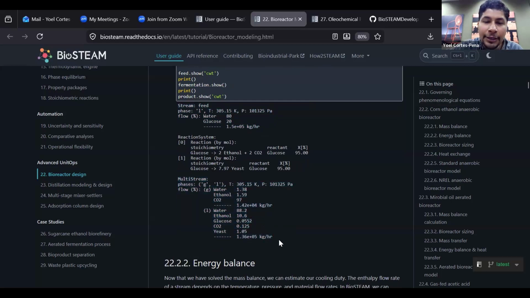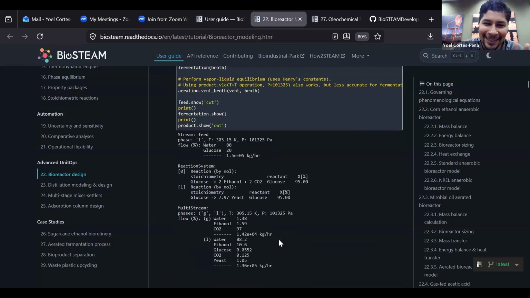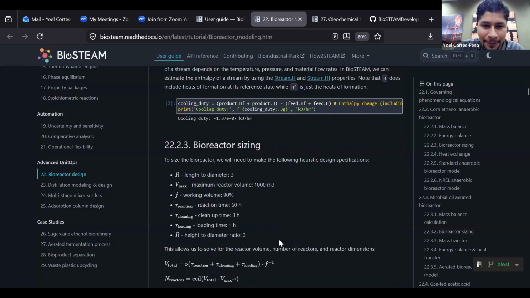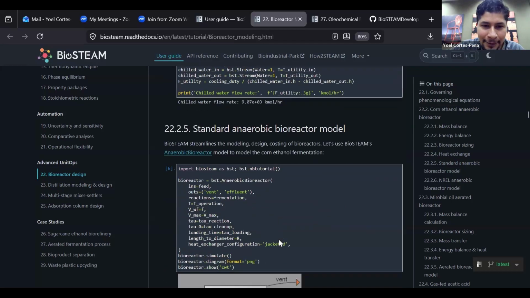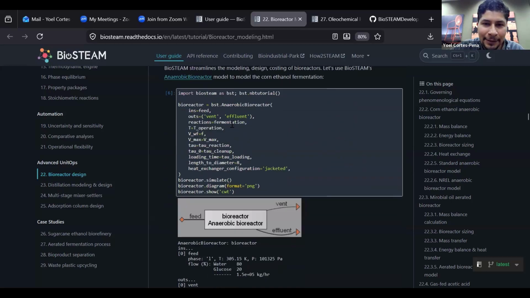So in BioSTEAM, you wouldn't actually go through all this trouble to model the fermentation process. Instead, what we would actually do is, I'm going to skip a little bit here, simply use BioSTEAM's unit operation and define the feed and other input parameters.